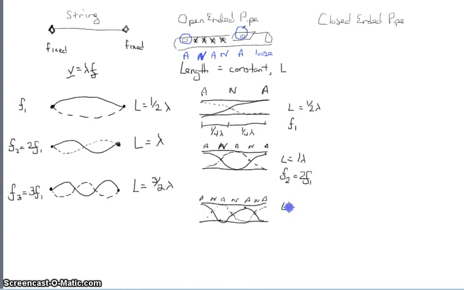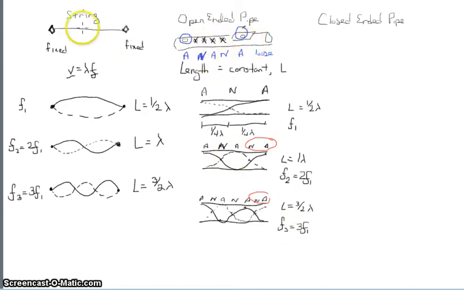Alright, the length of this will be 3/2 lambda, and the frequency will be 3 times the fundamental, or the third harmonic. So for an open-ended pipe, this pattern continues, essentially each time adding a node and an antinode to the original.